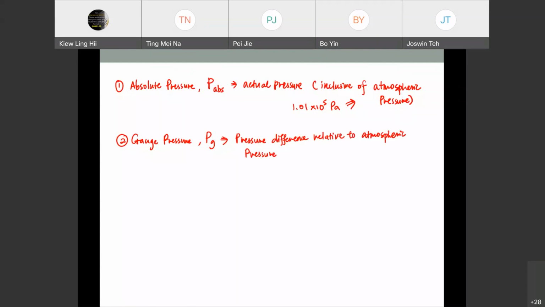And you can find this gauge pressure with rho g h, where h is the depth in the unit of meter.